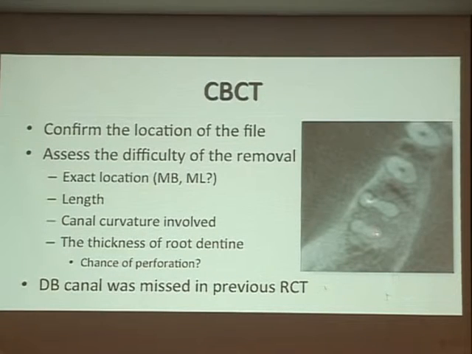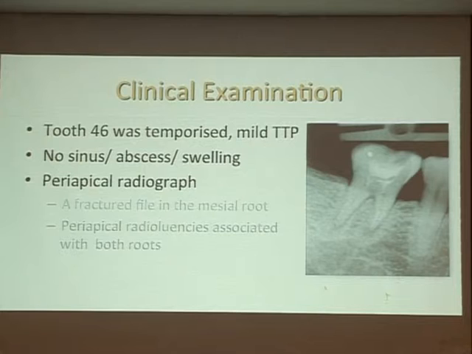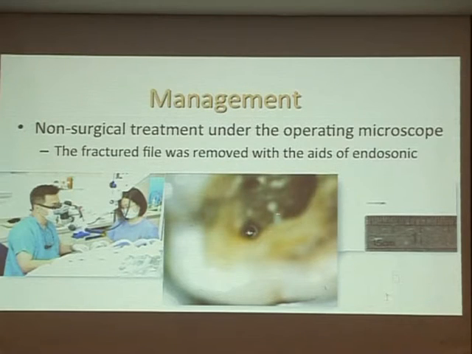In fact, you missed the mesiolingual. He missed it in his last endodontic treatment. So I told him that there's another canal. In this case, he just paid me to remove the file. Sometimes I take cases where I just remove the file from the patient, and the patient goes back to the dentist to finish the root canal. So I can see the file, and you can remove it.